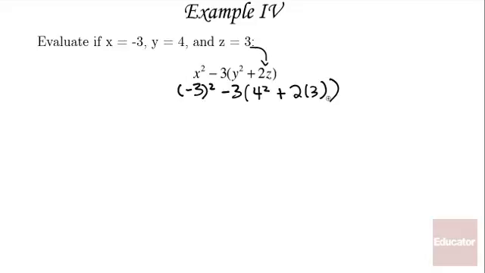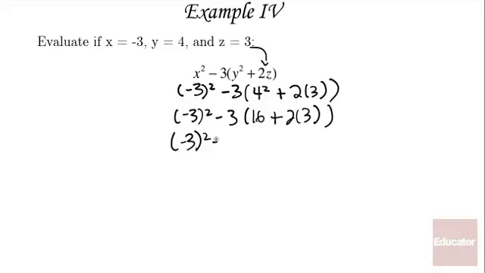First, eliminate grouping symbols. So I go inside these parentheses, and I'm going to evaluate the power. After I've eliminated the power inside the parentheses, I can go ahead and multiply or divide, and I do have some multiplication that needs to be done.